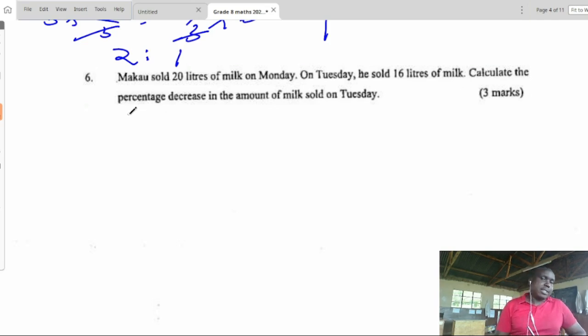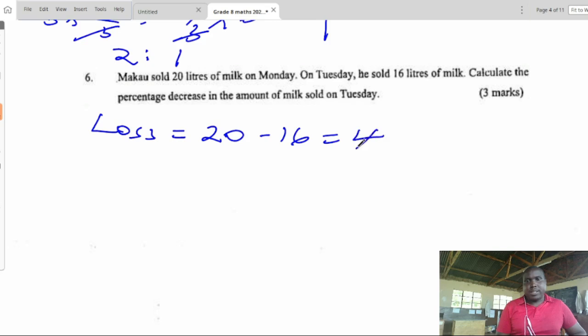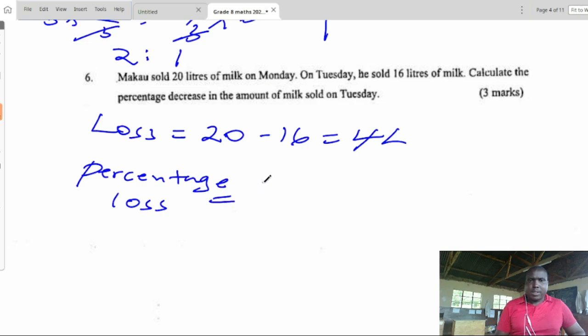So for the percentage, first let us get the loss. So loss is equal to 20 minus 16, that is 4. So there was a decrease of 4 liters. But percentage loss is equal to loss over original times 100.